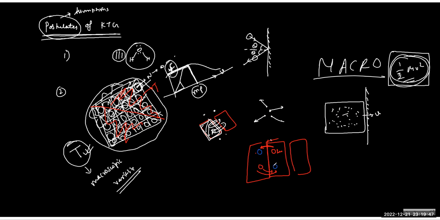The next postulate. So temperature, do you understand what temperature is? What is temperature? It is the way in which we express the kinetic energy of any gaseous system when it attains equilibrium, thermal equilibrium.